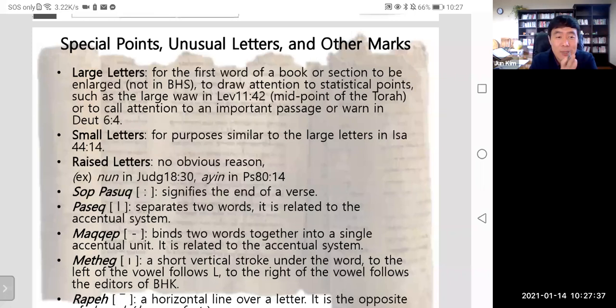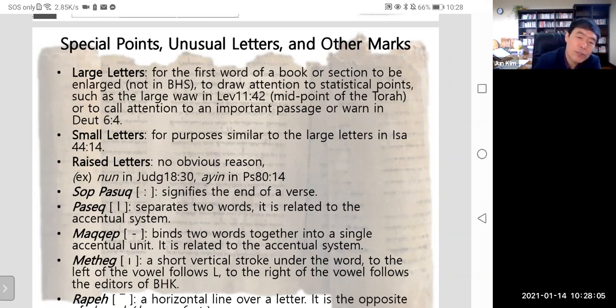This is something like this. They draw attention to statistical points such as the large Vav in Leviticus 11:42, indicating the midpoint of the Torah, or call attention to an important passage such as Deuteronomy chapter 6:4. These two passages I used when I explained the importance of reading the Hebrew Bible.